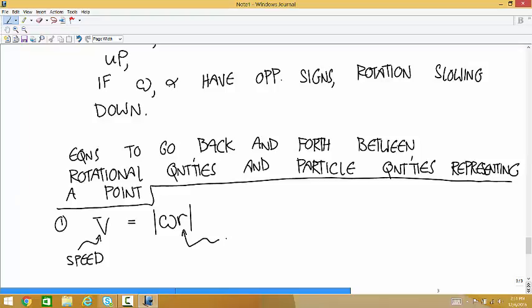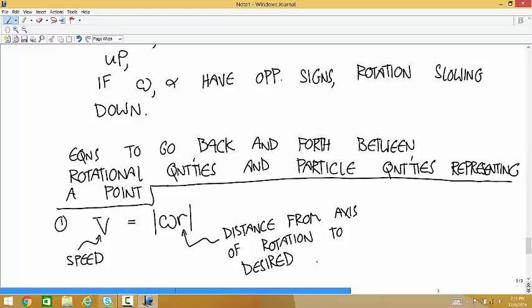And then this r is the distance from the axis of rotation to the desired point. Yeah, r is for radius. It's really a distance, but the reason it's given that name r is because every point is moving in a circle. And so if you think of that point as being represented by its circular path, that r is the radius of that circular path.